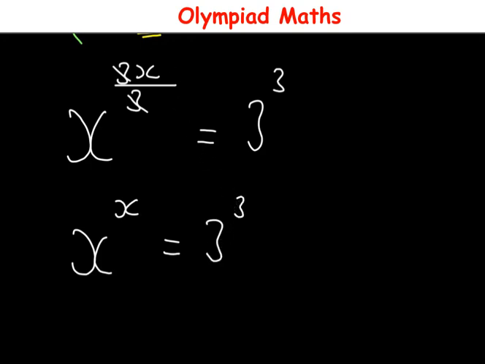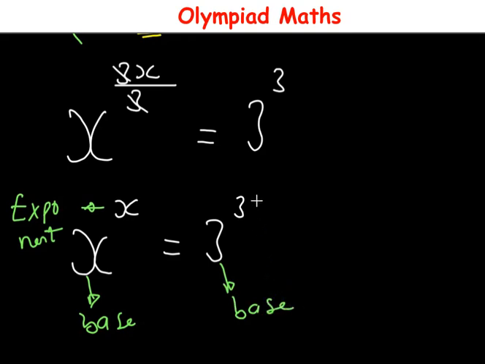power 3. Now, at this junction, looking at the left-hand side, you will see that the base, which is x right here, is equal to the exponent, which is also x. Same thing also on the right-hand side. 3, which is the base right here, is also equal to 3, which is the exponent right here.